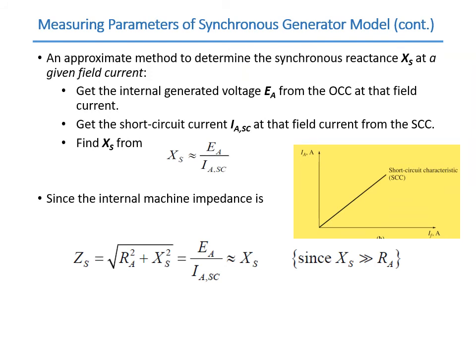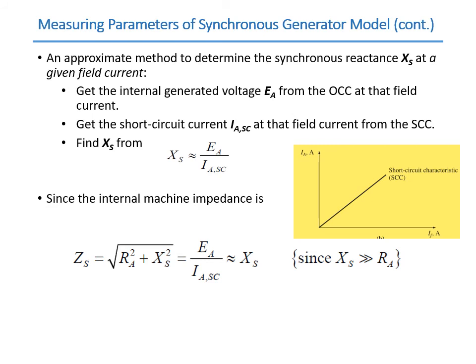Once we've got these two plots, the open circuit characteristics and the short circuit characteristics, we should be able to derive the value of XS, or the synchronous reactance.